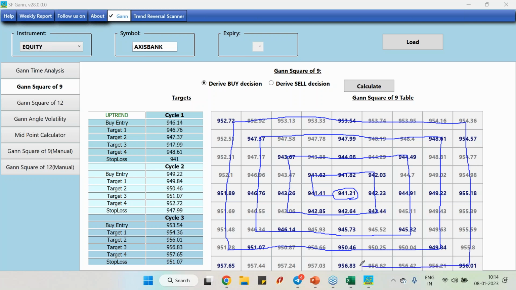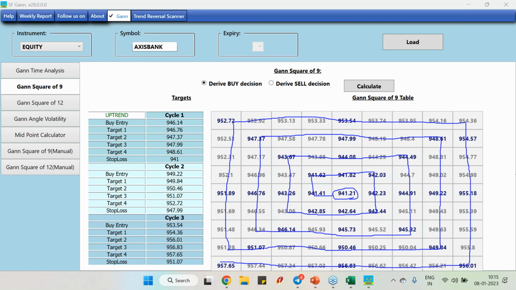So this is how the square of 9 will look. It is a wheel, a configuration, a shape, a geometry, anything you can say. It starts from one number and revolves one rotation, but these rotations are not circular, they are rectangular. This is our square type of circulation. So this is the square of 9.